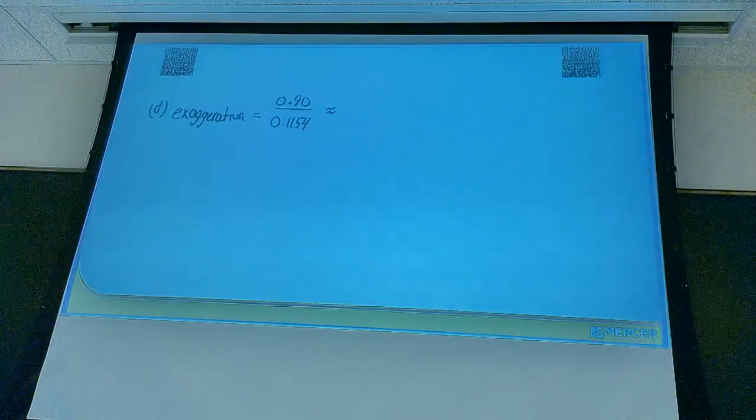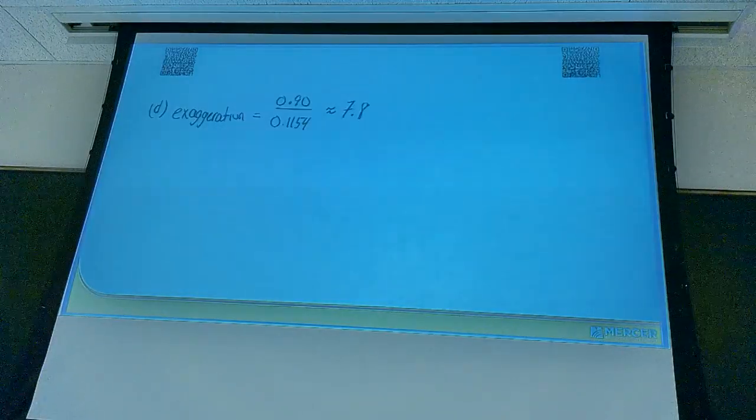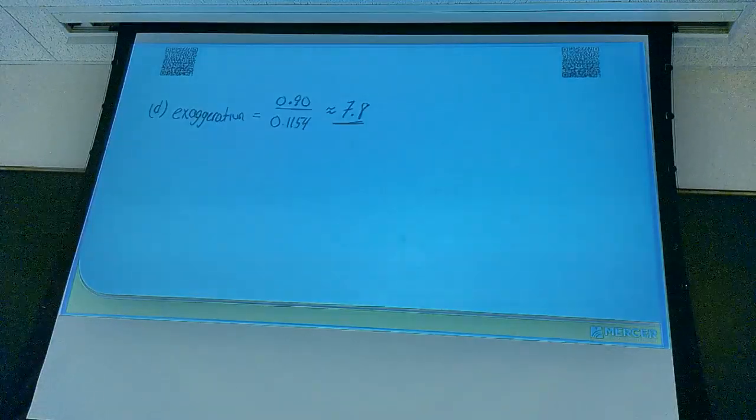Let's just say 7.8. What that is saying is by using a baseline of 340 instead of 0, we've made the change in price from 2016 to 2019 look 7.8 times larger than it really is.